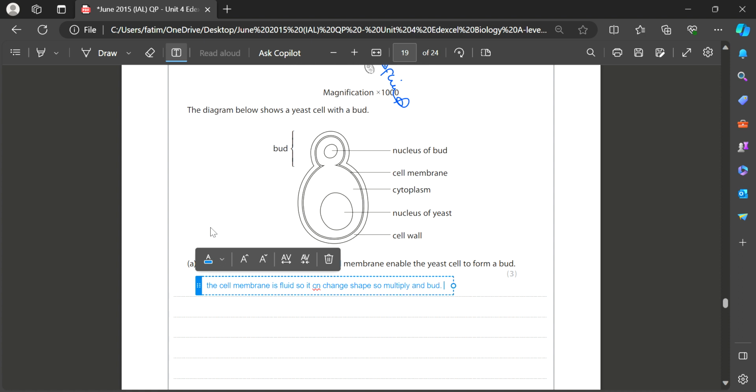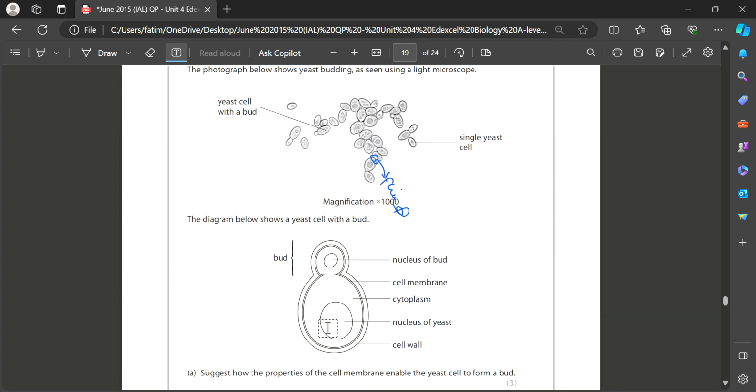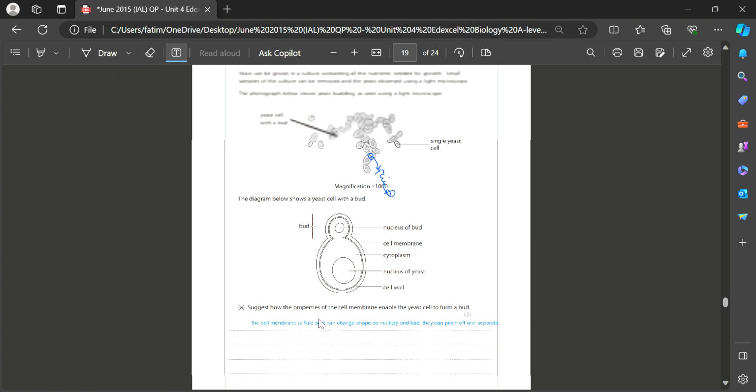They can pinch off. I'm using the same terms as I used when I was talking about the Golgi apparatus and how a new modified protein is getting out. It's mostly the same words that I'm using. Pinch off and separate. I'm just making it more in terms of the yeast cell. So it can change shape and multiply and bud. Yeah, that's basically it here.